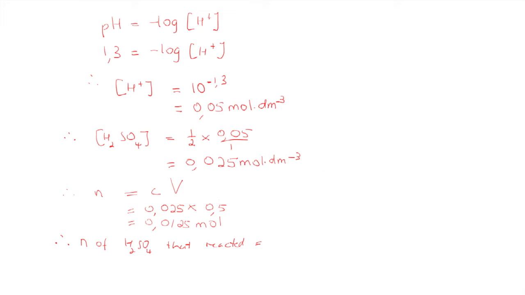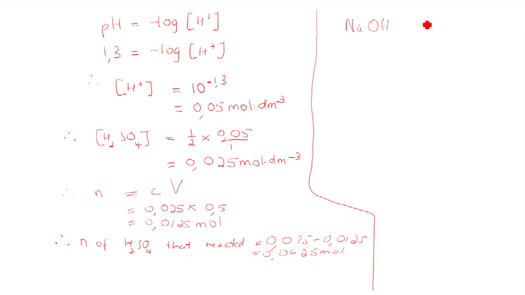So we use 0.075 minus 0.0125, and when you do that, we get 0.0625. These are the number of moles. And why do we have to do this? Because we are striving to use the relationship from the balanced equation.